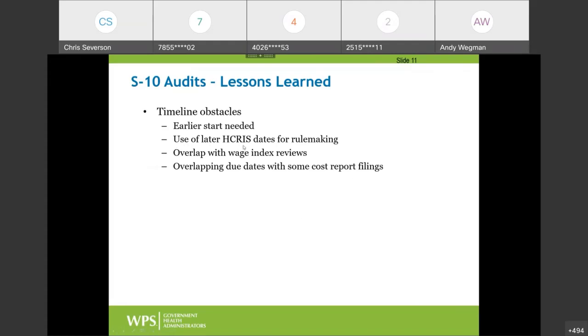CMS has told us what HICRA states are being used for rulemaking, and they did extend that a little bit. For the proposed rule, they take the December run, which of course is not necessarily fully finalized. But for the final rule, they grab the March run. So if they come across any aberrances in the data, they can get back with us.